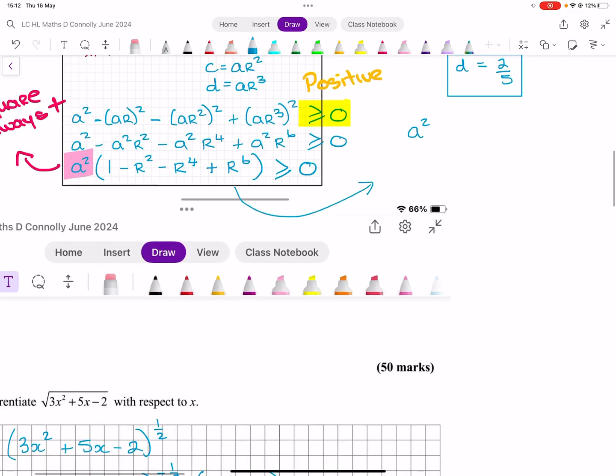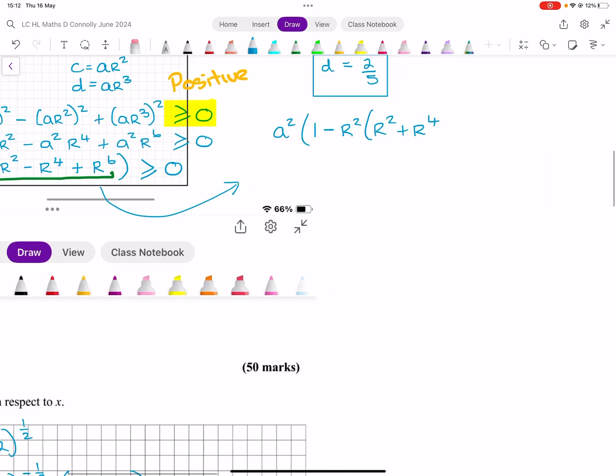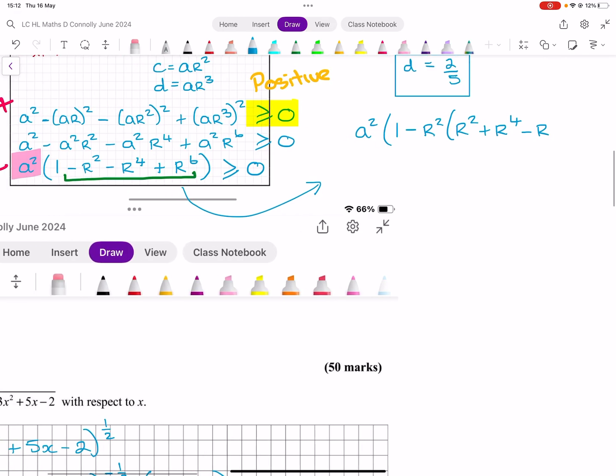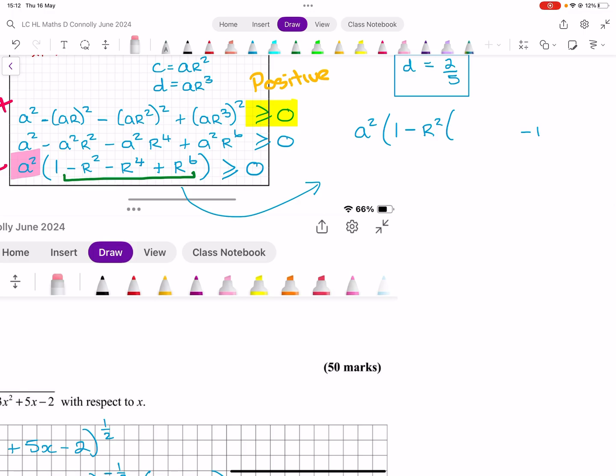So it's A squared times 1 minus, right? And then out of these, I'm going to factorise out r squared. So if I take out minus r squared, it leaves me with r squared plus r to the 4 minus... No. Sorry, I took out r squared, so it doesn't leave me with that. So if I take minus r squared out of that, I'm left with 1.